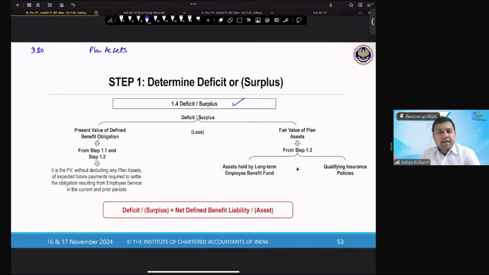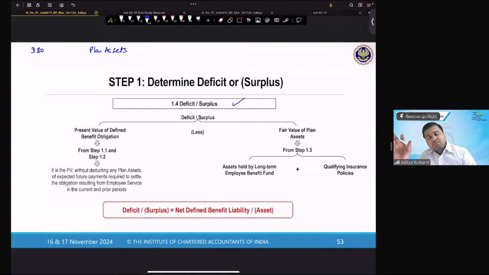तो मैं net off कैसे करूंगा? In your balance sheet, आप क्या disclose करोगे? Defined benefit obligation you will disclose, or you will disclose and account and measure the present value of defined benefit obligation. What are you going to do? Present value of DBO. So balance sheet में जो दिखेगा, that is the present value of the obligation that you have to pay.